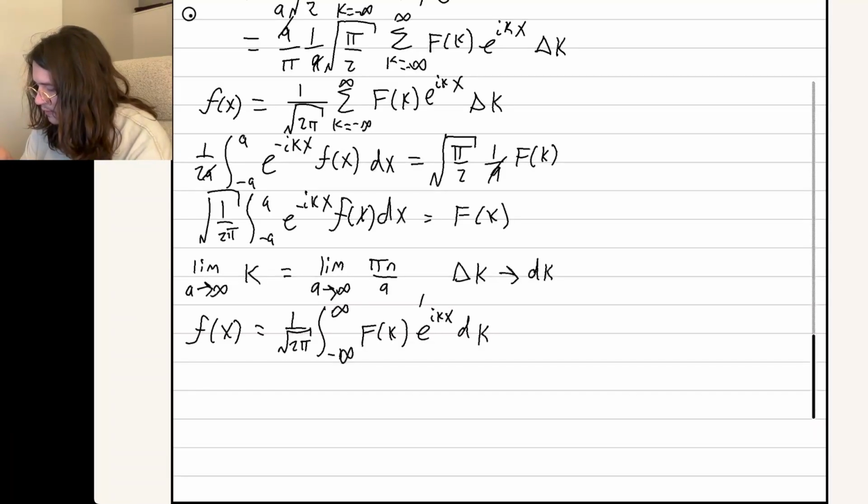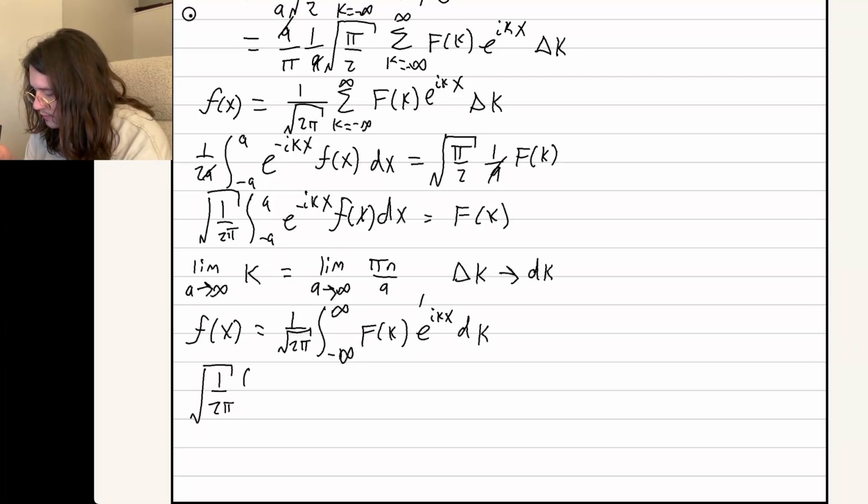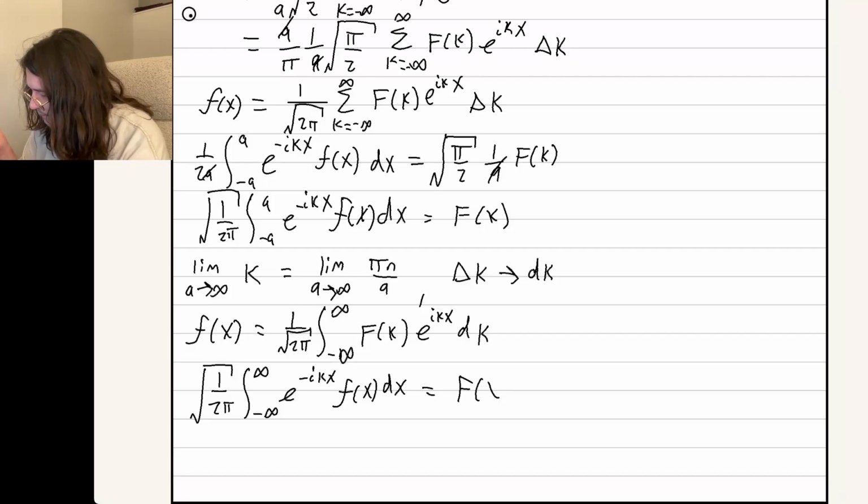And then, easily enough, we can apply the same limit here, but then just put infinities where we see a's. So this is going to be the integral from minus infinity to infinity of e to the minus i k x, little f of x dx, which will be F of k. And now we have Fourier transforms. So that's pretty cool.